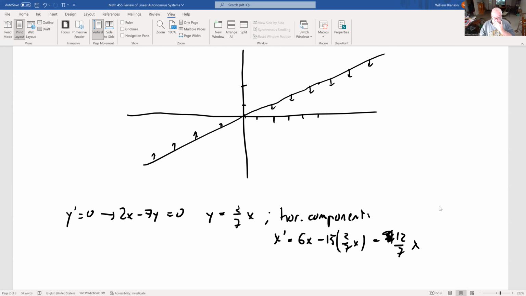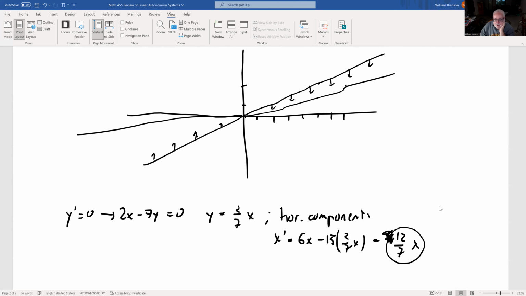So I get 12/7 x as my horizontal component. And note that this is positive for x positive and negative for x negative. 2/7, 1, 2, would be a line that comes out about like this. More or less. And my arrows point to the right here. And to the left here.